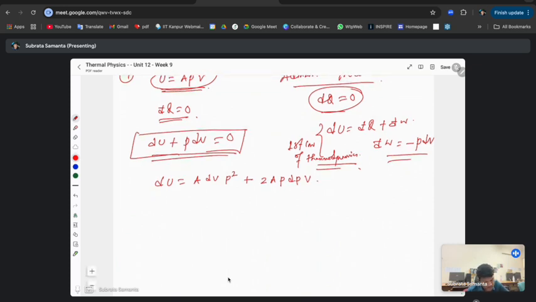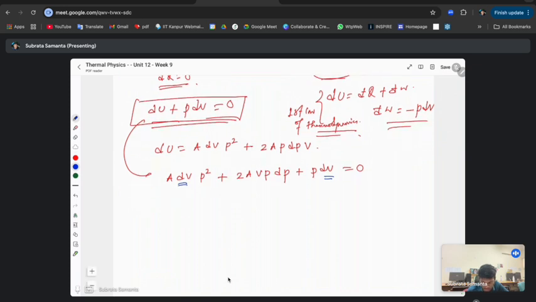So now we plug these values here, so this is basically A dV P square plus 2A P V dP plus P dV equals to 0. So both have dV, right?